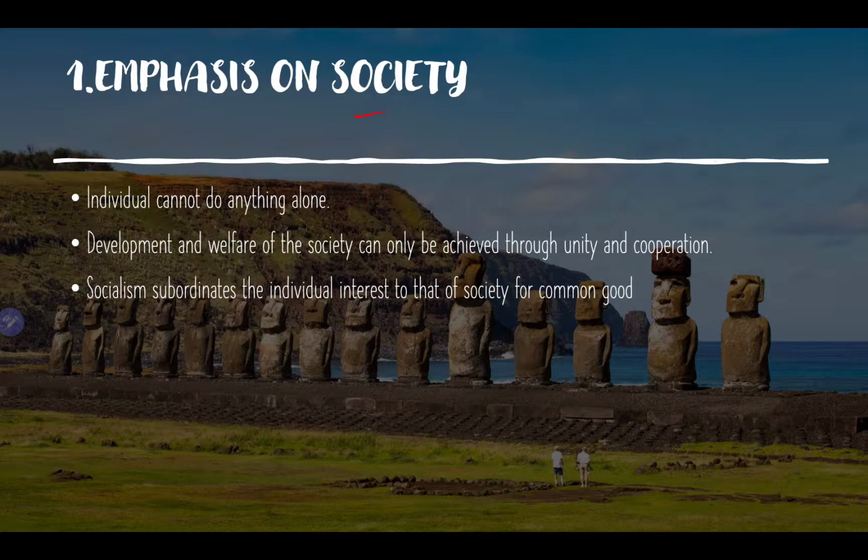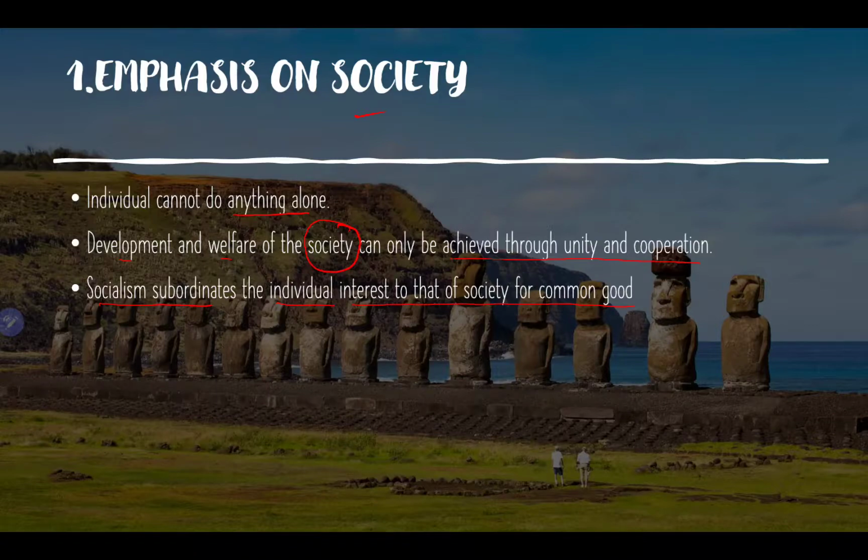Where liberalism talks about the individual as a free man, in socialism the individual cannot do anything alone. The development and welfare of a society can only be achieved through unity and cooperation. Socialism subordinates individual interest to society, for the common good.